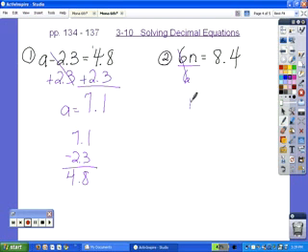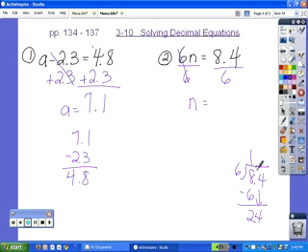That cancels the 6's out, so we're left with n, but we have to divide the right side by 6 as well. So when we divide 6 into 8 4/10, we get 1 4/10.